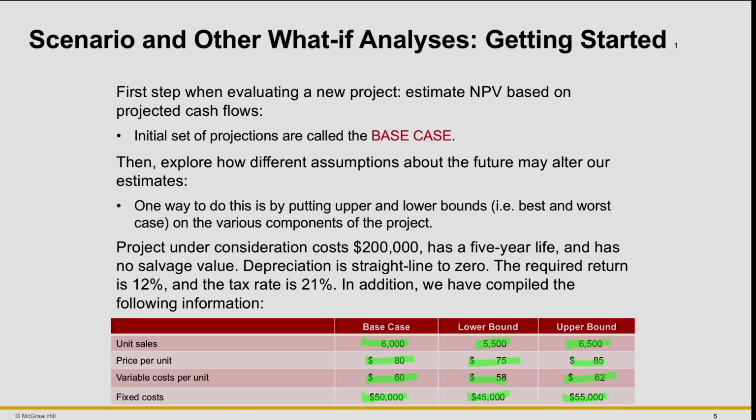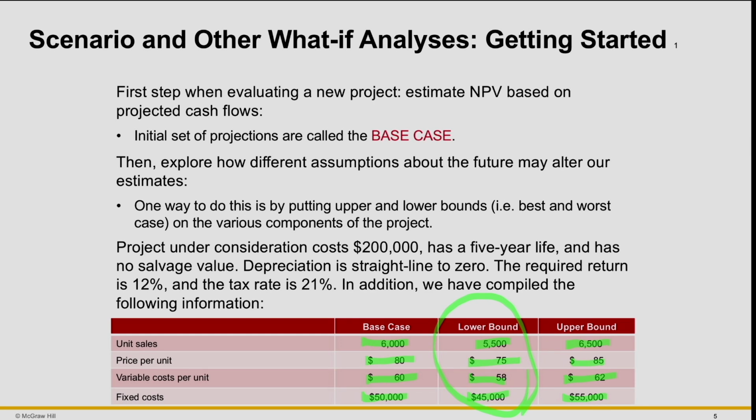Now, just a warning ahead of time here, when we go to our worst case scenario, we're not just going to pick the lower bounds here on all of these, because worst case, we're going to have the lowest number of units sold, the lowest price per unit, but we're also actually going to pick the highest variable cost.